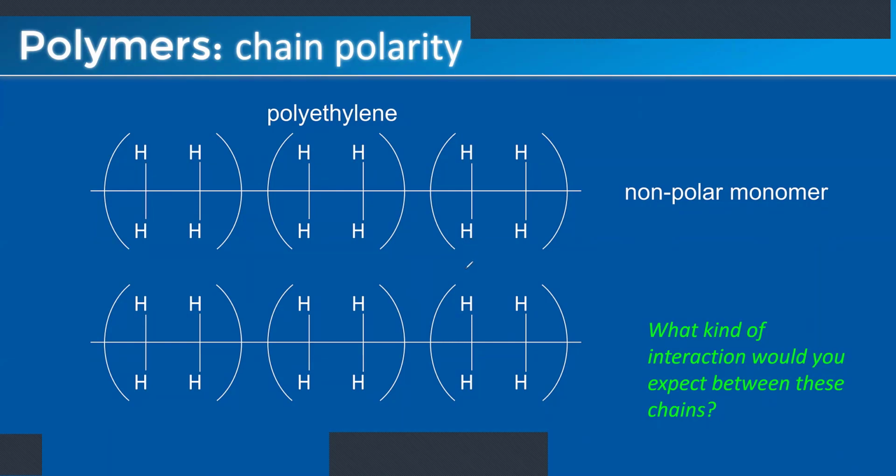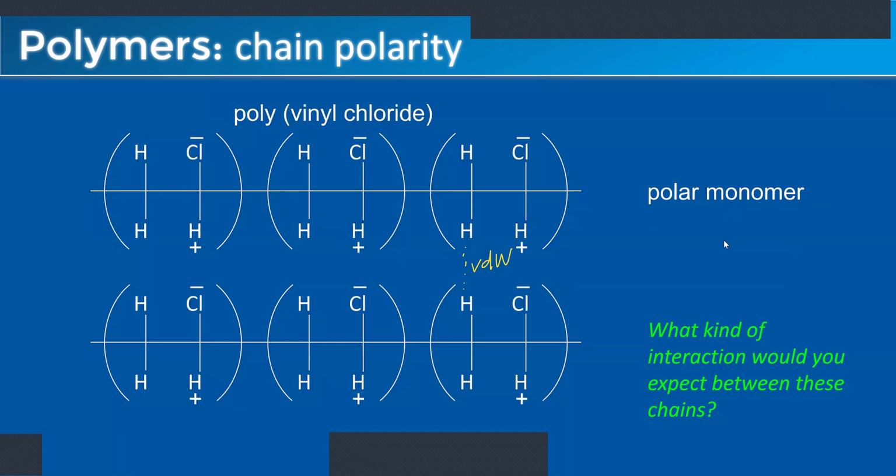So we might have some temporary attractions between these hydrogens or between hydrogen and a carbon of another chain. They would be characterized as van der Waals forces, very weak, very transient, but there may be some interaction between these chains. These are non-polar monomers. So we're going to have weak secondary bonds between the chains and not a whole lot else.